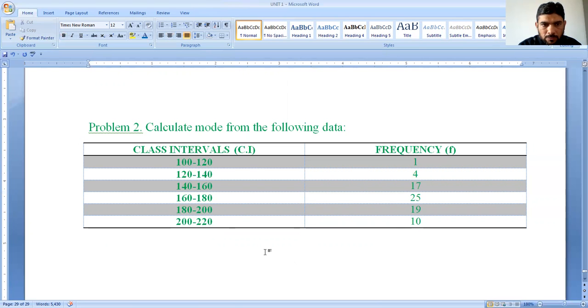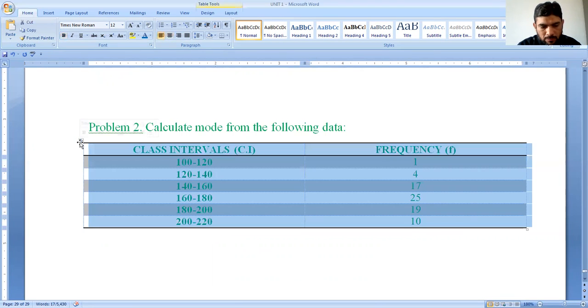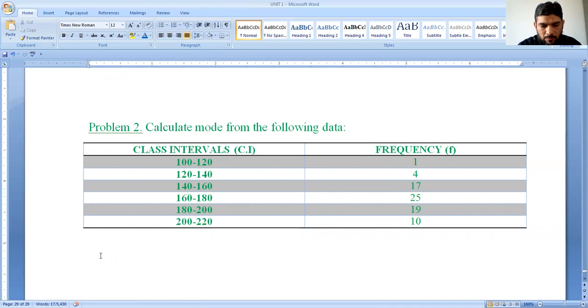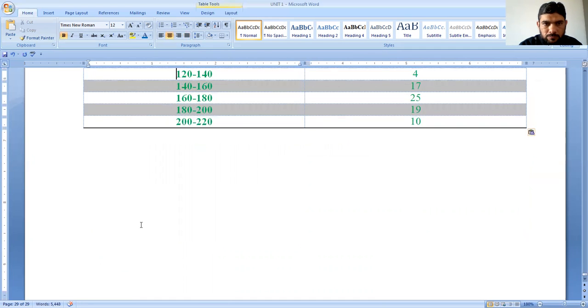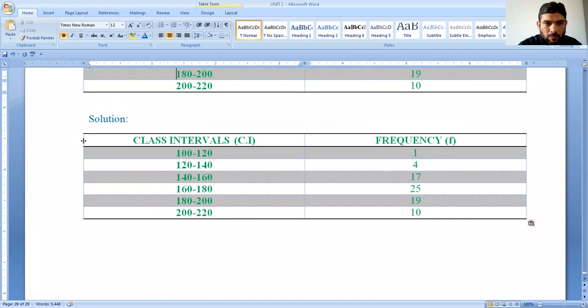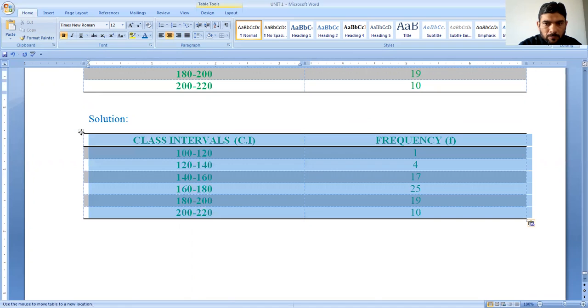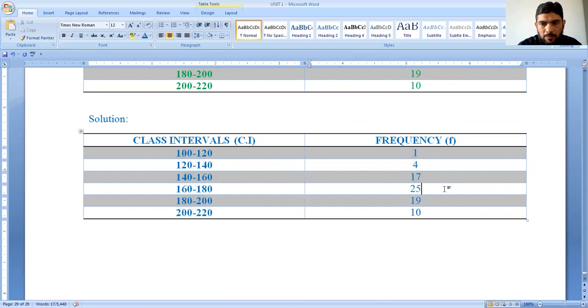What we have to do is solve, and for that we have to take these values. Here we check the frequency with the highest value, that is 25. 25 will be our F1.